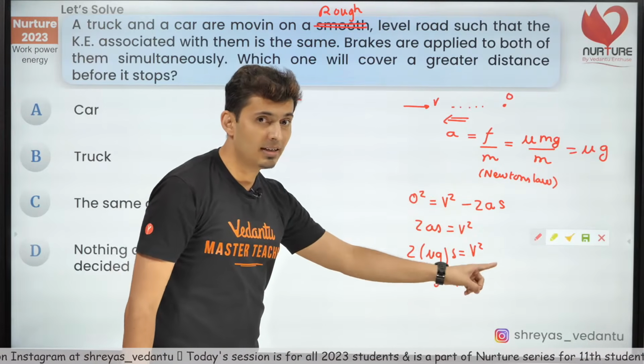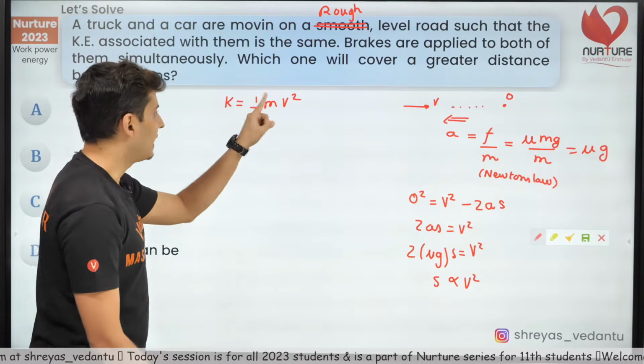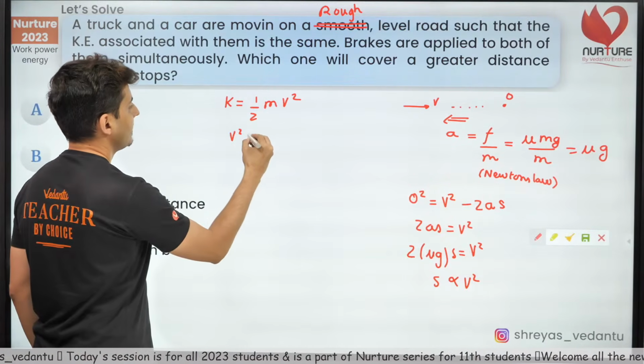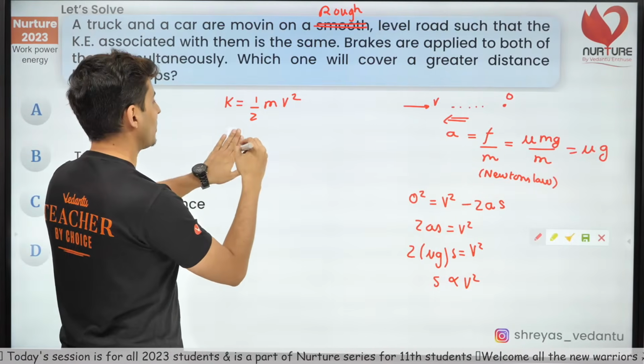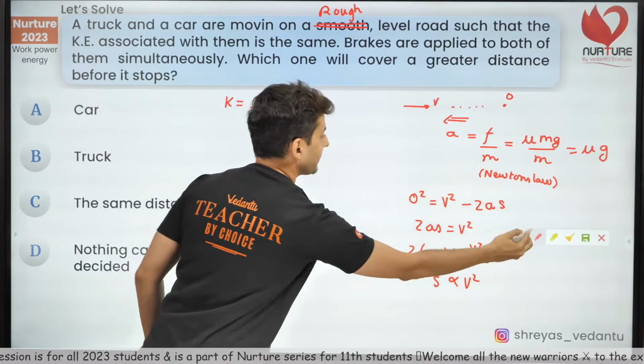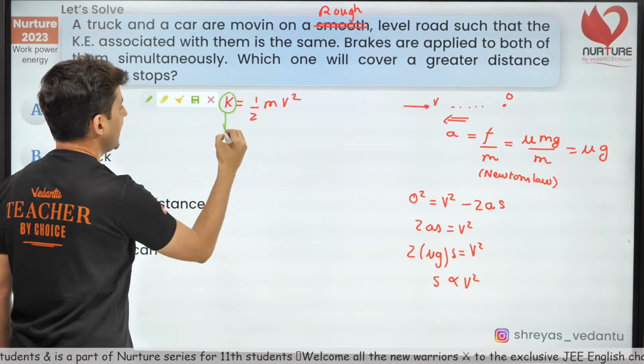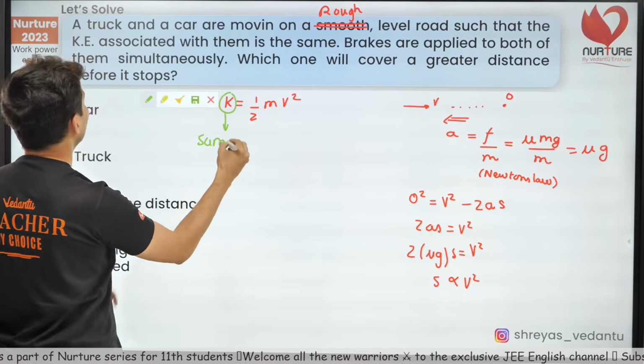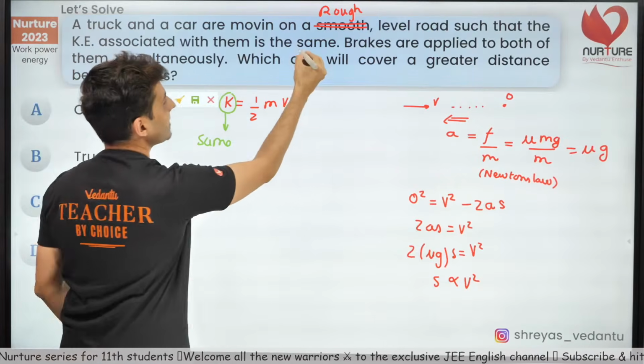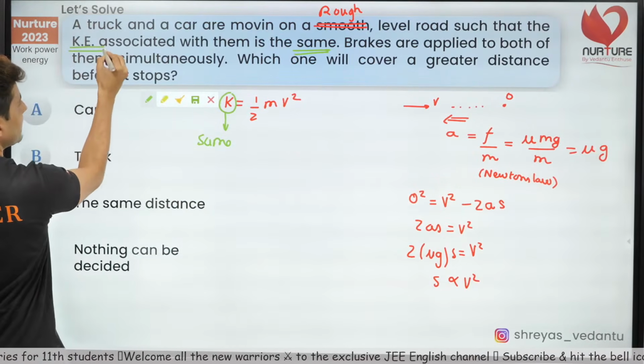If displacement depends on v square, there is a problem over here. Look at that. It's clearly mentioned that the kinetic energy of both of them is the same.